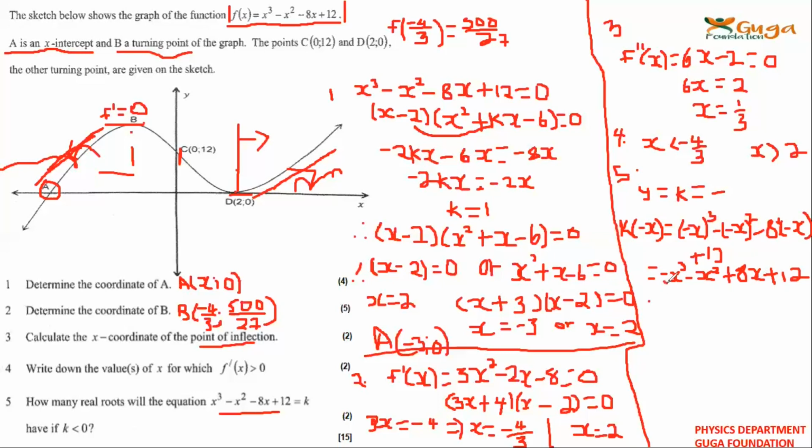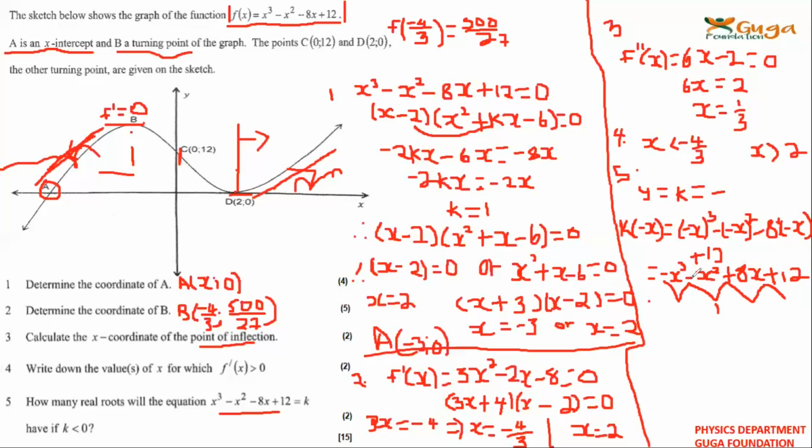So it means that now you check here, you look at the sign. Here it is moving from negative to negative, it's still the same sign. From positive to positive, no change.